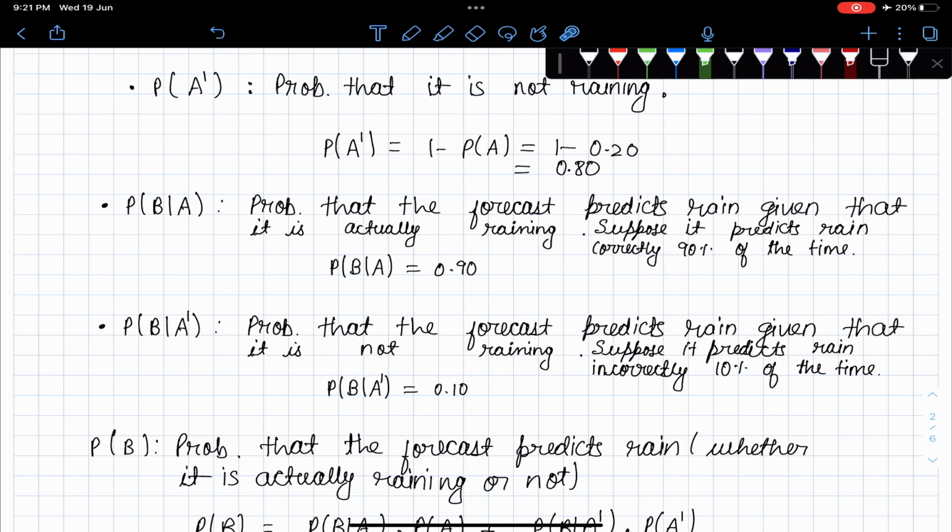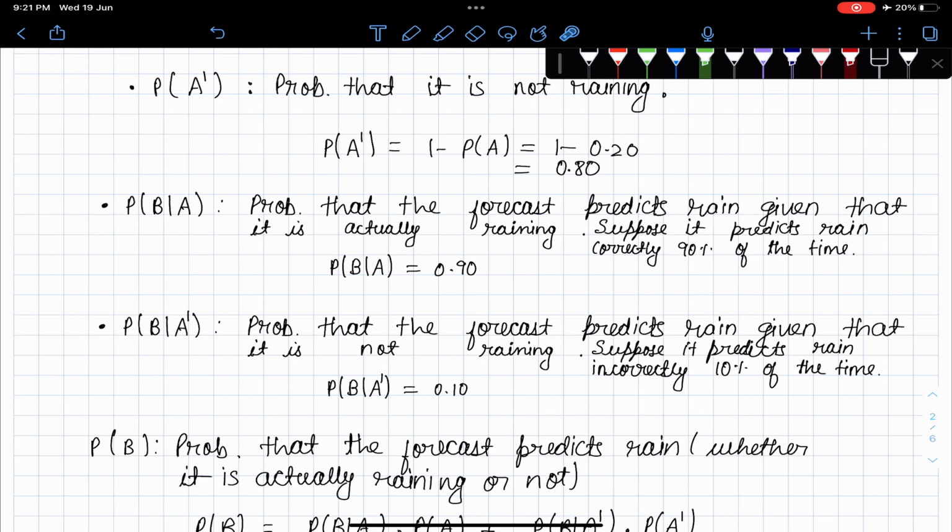What we are seeing is that the prediction of the weather forecast can also be wrong. They might have predicted that it will rain, but it is not raining. They might have predicted it will not rain, but it is raining. They might have predicted that it will rain and it is raining.